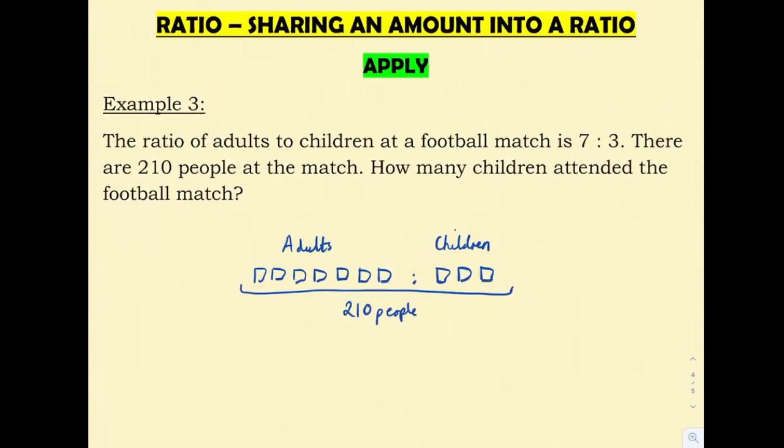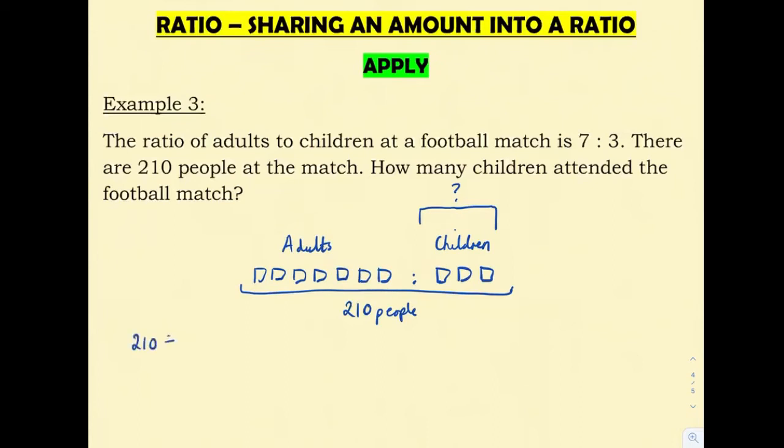Now in this question, it's only asking for us to tell them how many children attended the football match. So what this is, we want to know how many people are in those 3 parts. So we've got 1, 2, 3, 4, 5, 6, 7, 8, 9, 10 parts altogether.